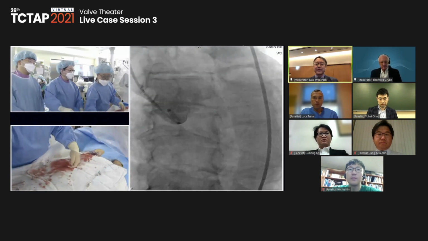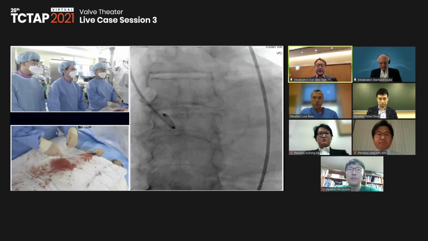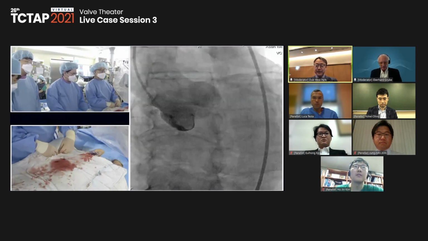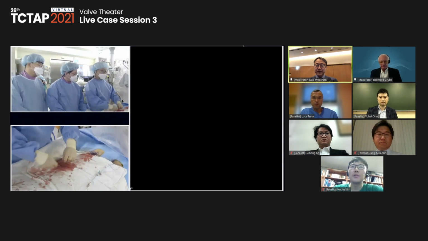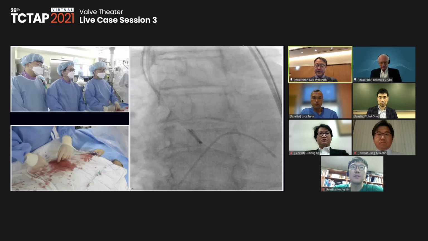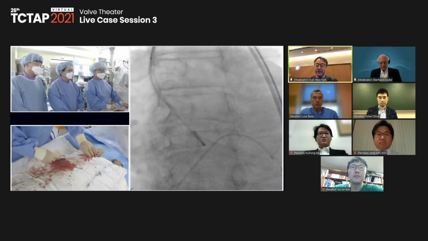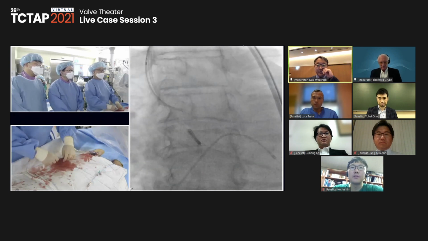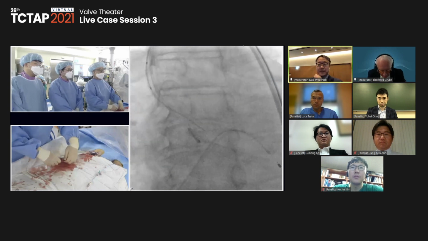Okay, over here. This is a ring torque, more hard tip over here. This is the ring torque. Sometimes wiring was difficult and we should spend some time.